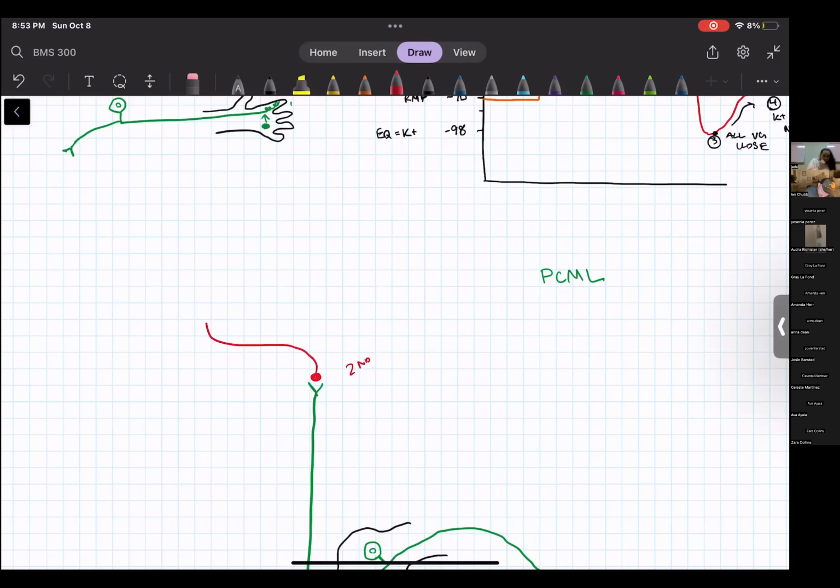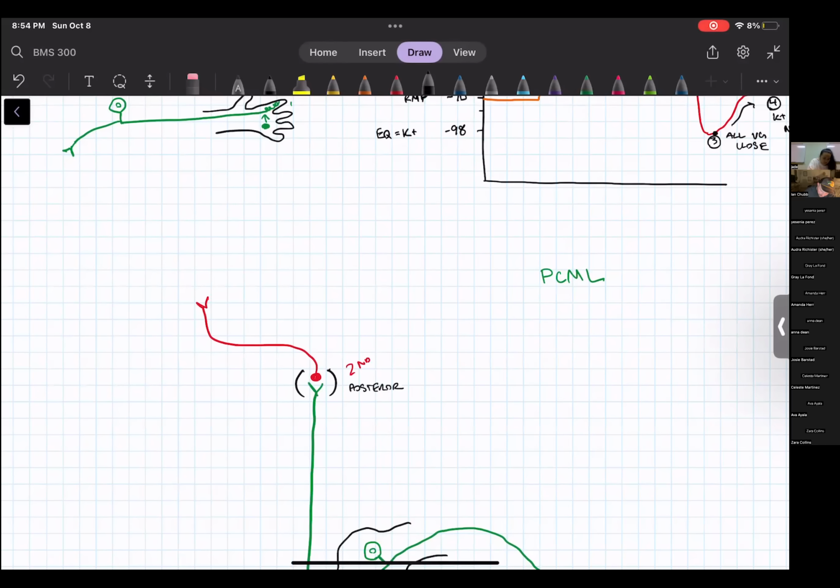where it crosses the midline. Second order neurons always cross the midline. That's a rule. So they always will cross. This happens in our posterior, I'm trying to remember what it's called on the dorsal.